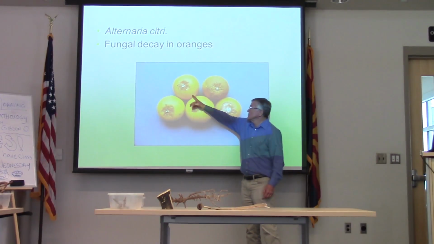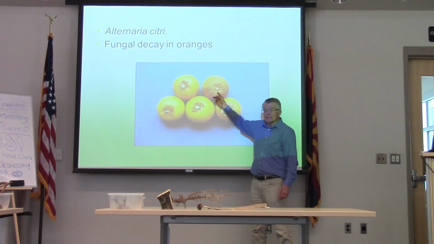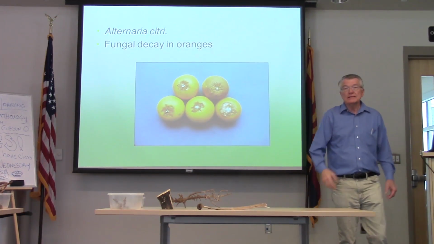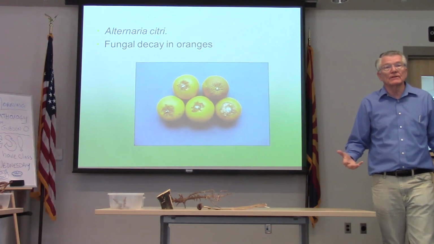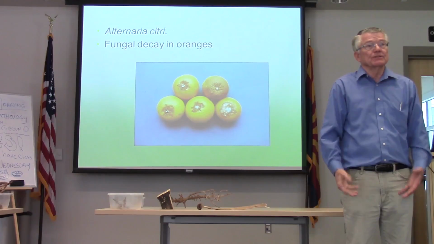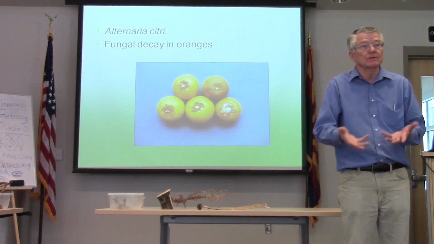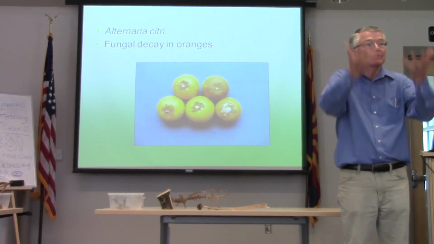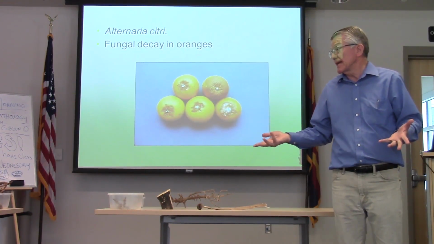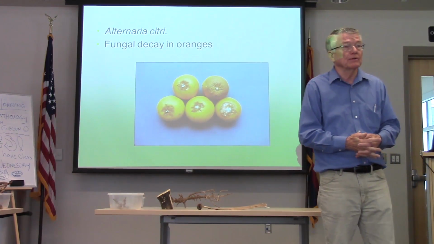It'll start with just a little soft spot. Eventually, it could cover the entire fruit. They typically will fall off onto the ground and lay underneath there, and as the disease continues, they sporulate. The spores come up into the canopy of the tree, and we see a cycle going. So good sanitation is very important.